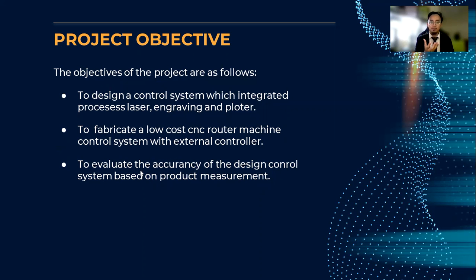with the same process. Let's say in the plotting process, we make a rectangle shape of 10 by 10. Then we change the process to laser cutting or laser engraving, move 10 by 10 and engrave 10 by 10.